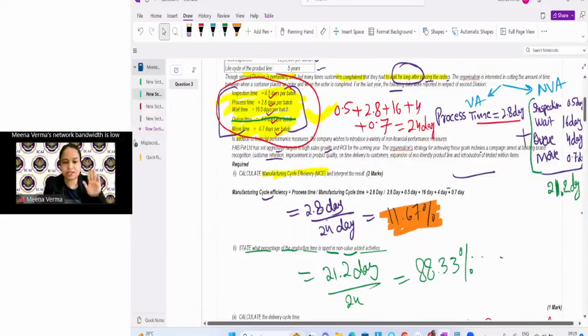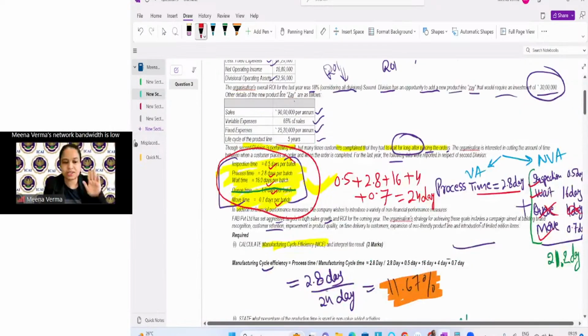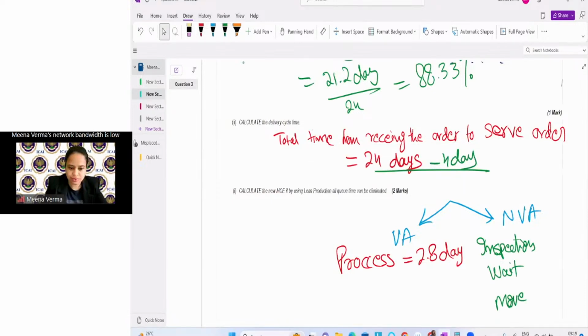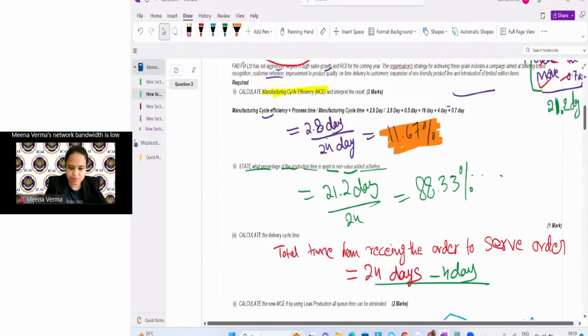So there are other non-value added activities like inspection time, wait time, and move time. They have removed the queue time, but these still exist in the company.